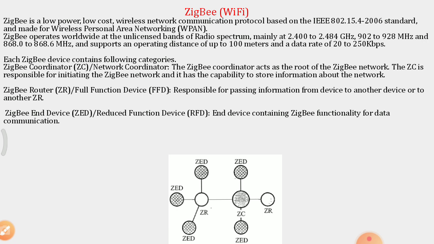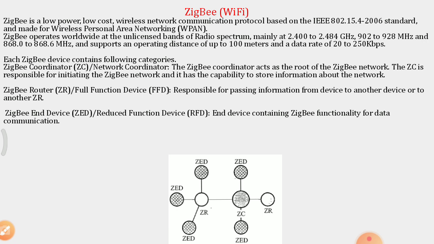Each ZigBee device falls into the following categories of hardware. The ZigBee coordinator, ZC, or network coordinator, acts as the root, the base, of a ZigBee network. The ZC is responsible for initiating the ZigBee network, and it has the capability to store information about the network.